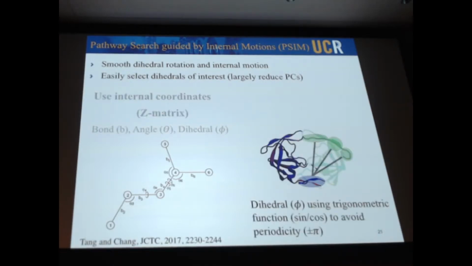But when we try to use the classical way, we have a problem. Because for the classical Z matrix, all those atoms are actually defined by their previous three atoms. So in this way, if you have a large protein, a big protein, the dihedral angle here moving a little bit will affect the other motion on the end.